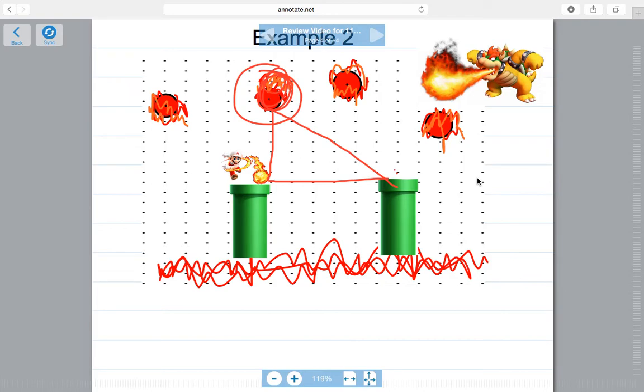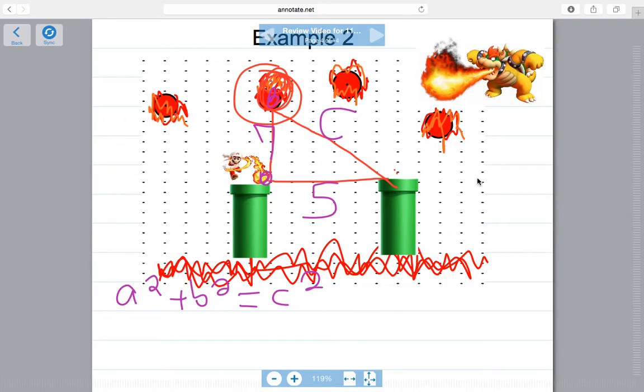So below, if you notice, the bottom we're going to say is 5 units away, and then the top, from Mario to the top of the fireball, we'll say that's 7. So we're trying to find the hypotenuse. So a squared plus b squared equals c squared, plug in your values.